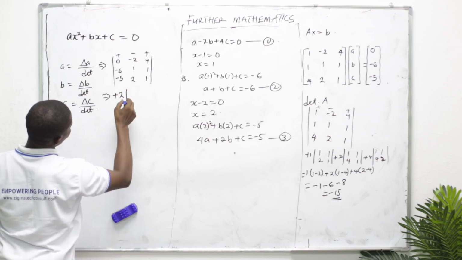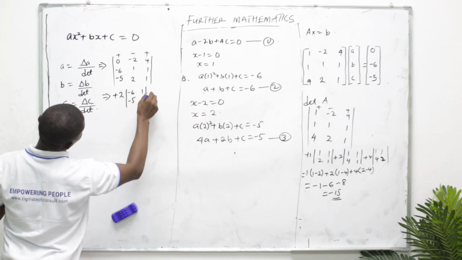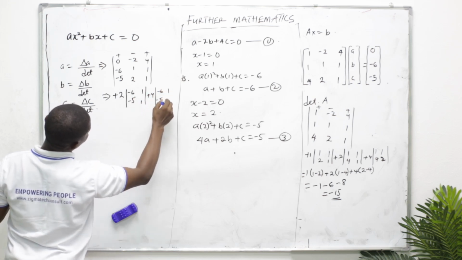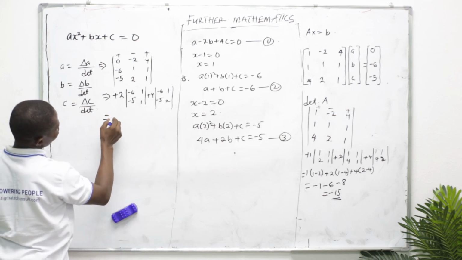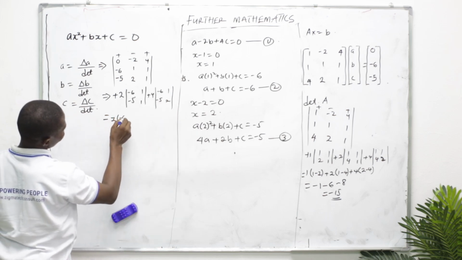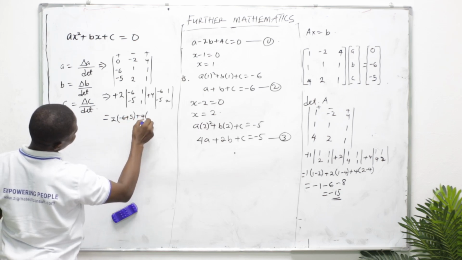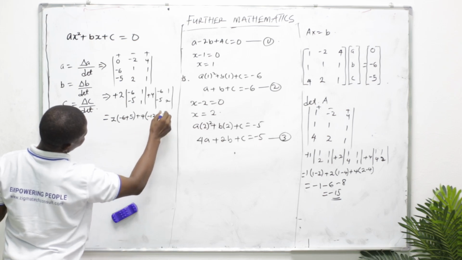This into minus 6, minus 5, 1, 1, plus 4 into minus 6, minus 5, 1, 2. To give us 2 into minus 6 plus 5, plus 4 into minus 12 plus 5.